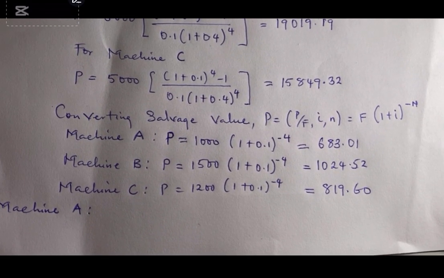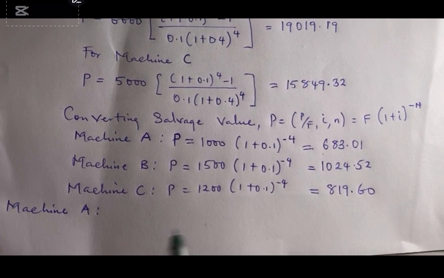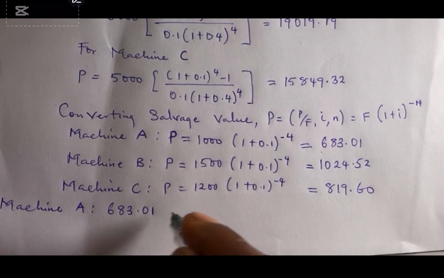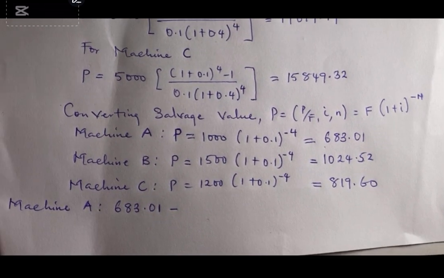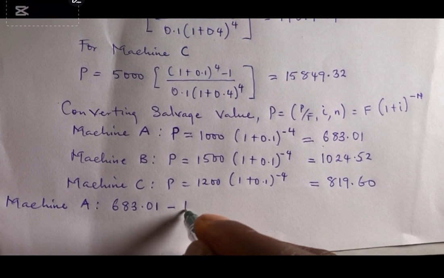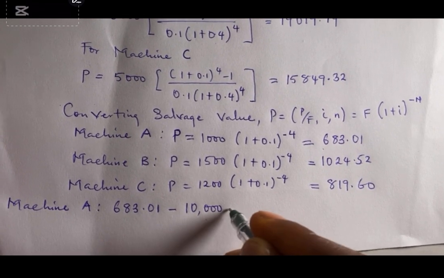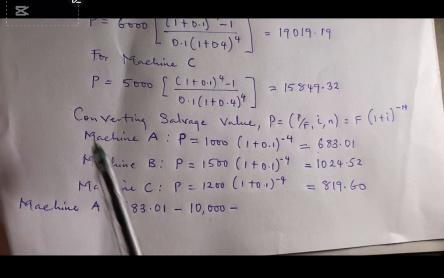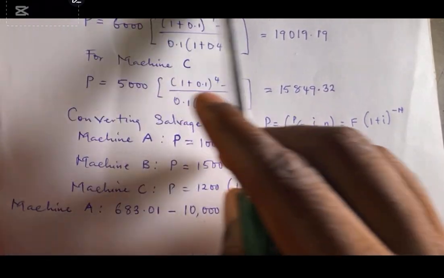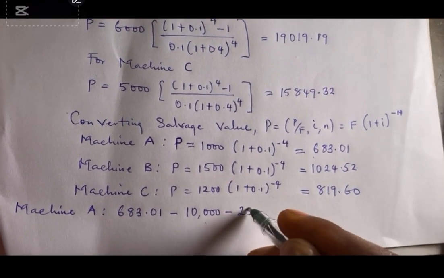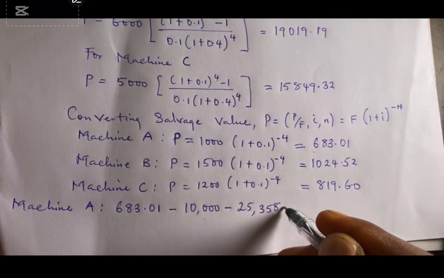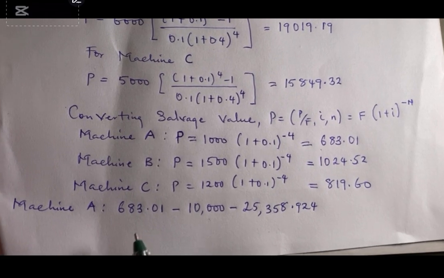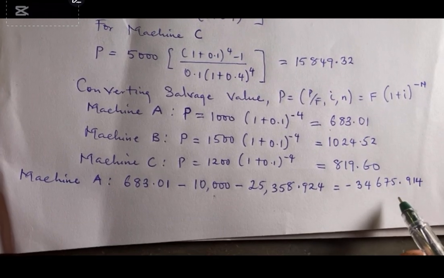The only income for machine A is the worth of the salvage value, minus the initial cost, which is 10,000, minus the worth of the annual service. For machine A, the annual service is 25. I think that's all, and this is our value.